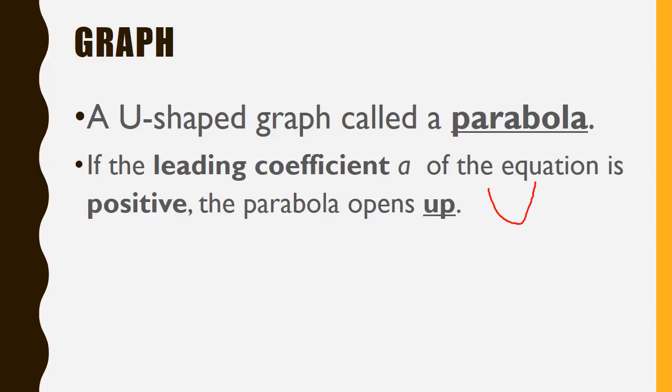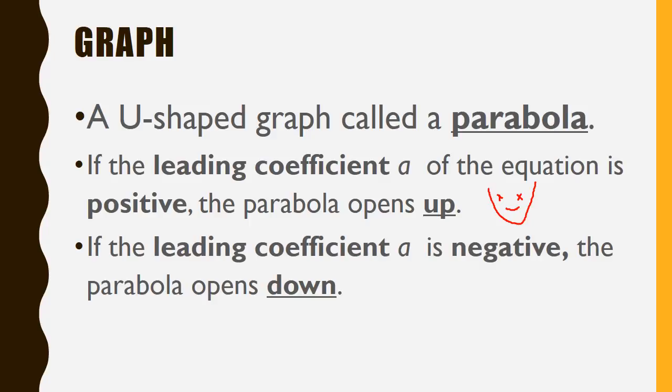That's when the a is positive. Positive makes a smiley face, which means the parabola is up. And then if the leading coefficient is negative, that means that the parabola opens down, which makes a frowny face.